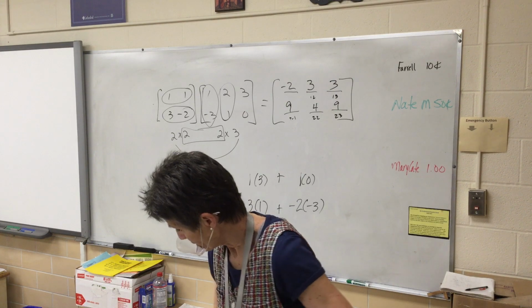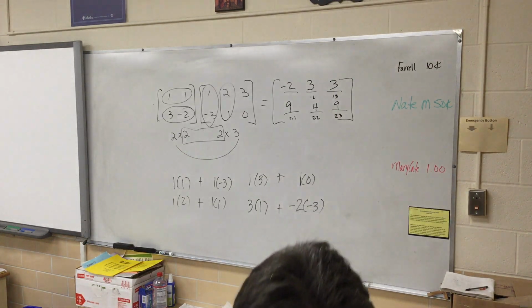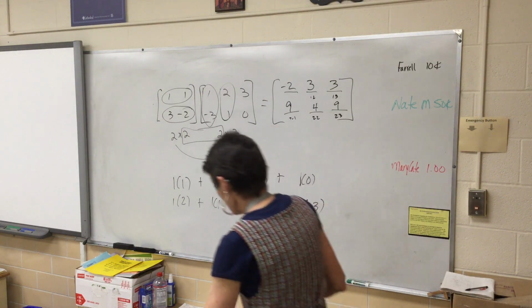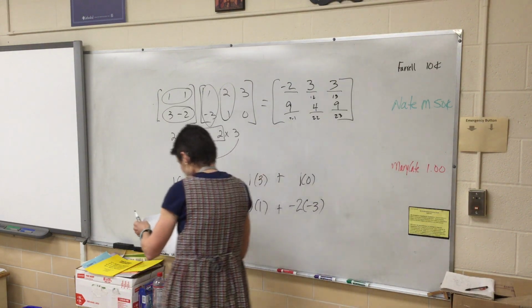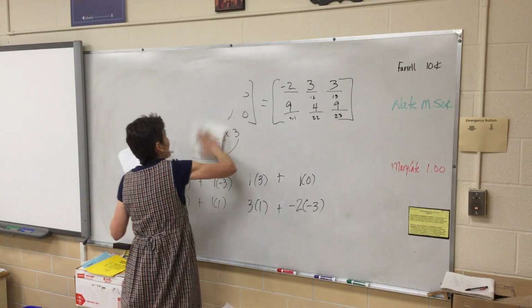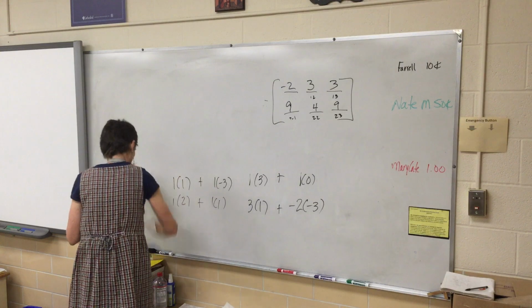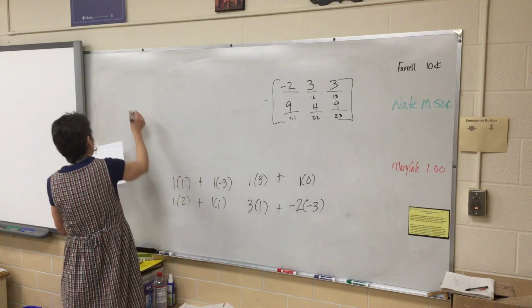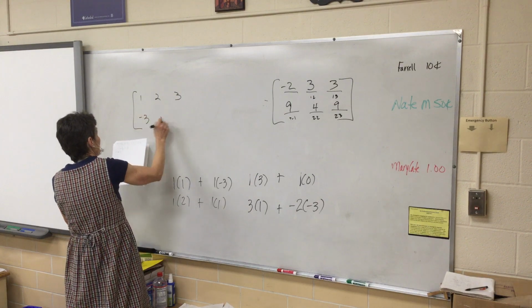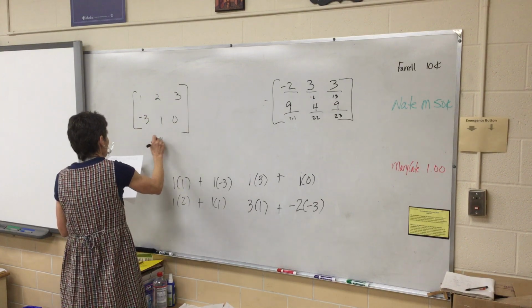So we have one more to go, we have G times E, which Kennedy says works because G is a 2 by 3. So we are multiplying 1, 2, 3, negative 3, 1, 0. That's a 2 by 3.